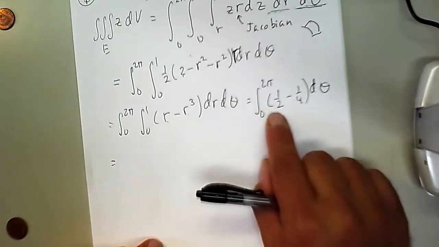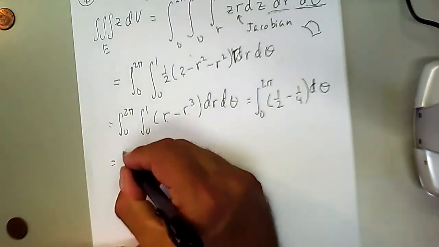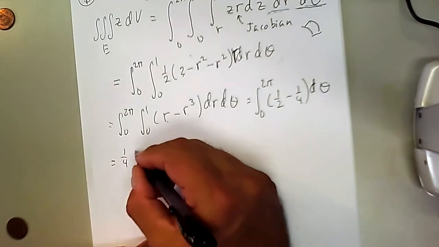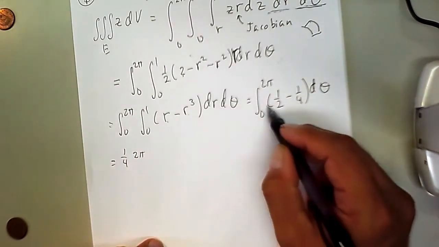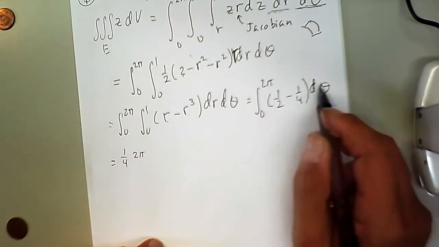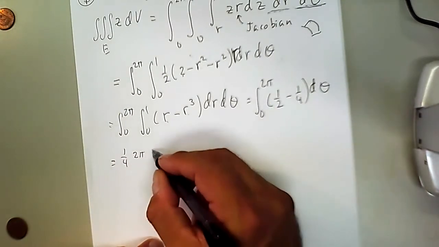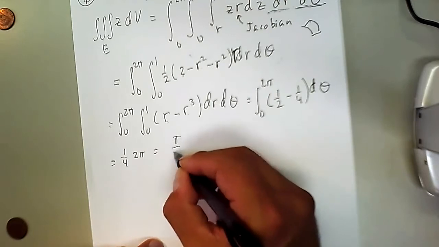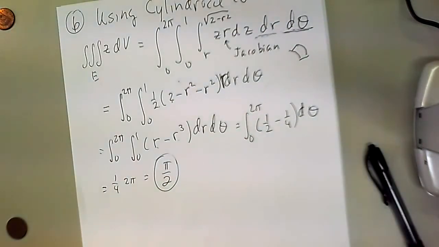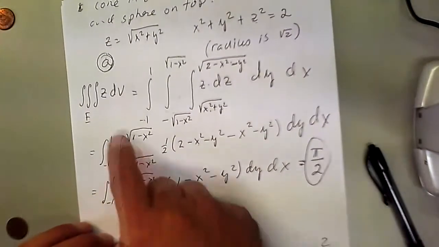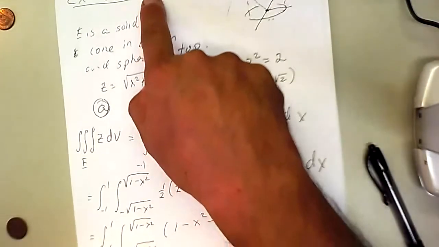Then we multiply by 2 pi, because the integral from 0 to 2 pi of 1 with respect to theta is 2 pi. So the final answer is pi over 2, which is consistent with the answer we obtained back here in 1a.